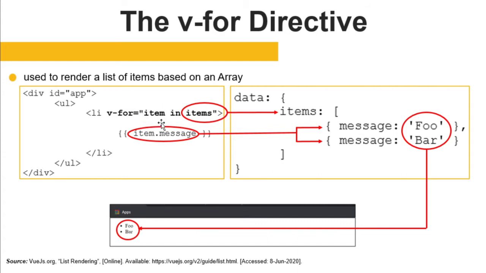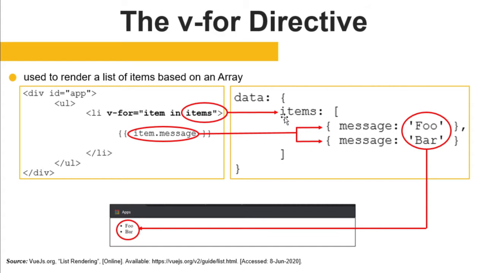Can we use any alias for every element? Yes, but I suggest you use the plural or the singular form of your array name. So make sure every time you define the array, use the plural form. Let's say for example here, items is a plural form.